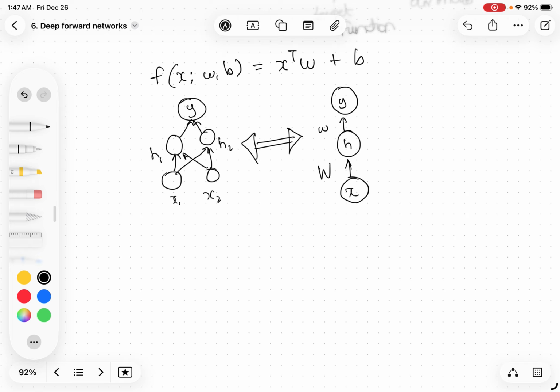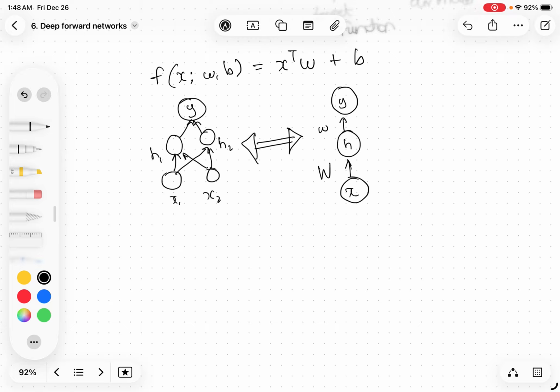This is a vector because it has only one dimension. This is a compact description. The output layer is still just a linear regression model, but now it's applied to h rather than to x.